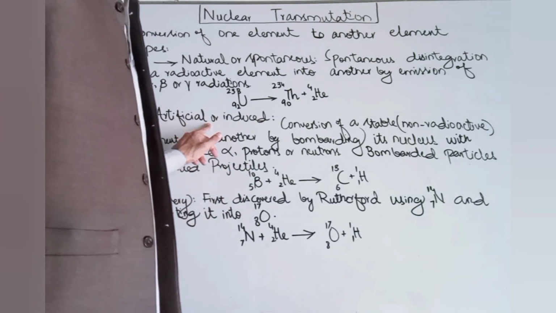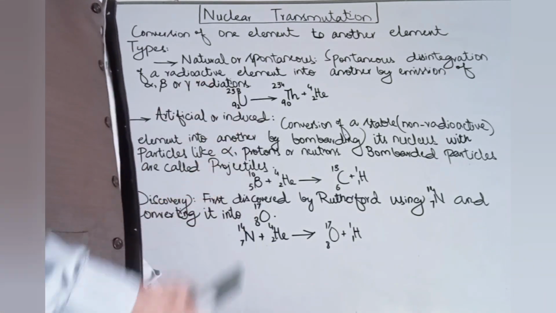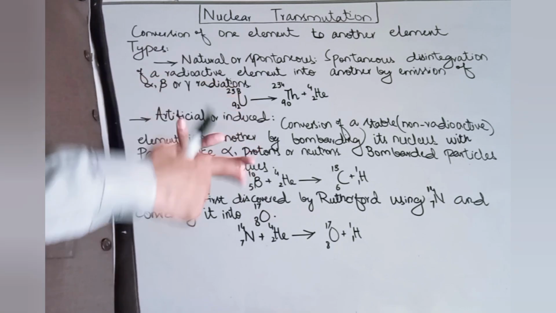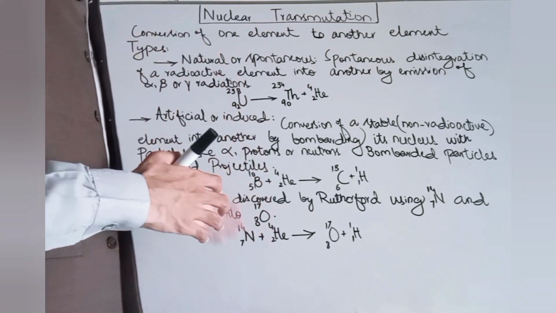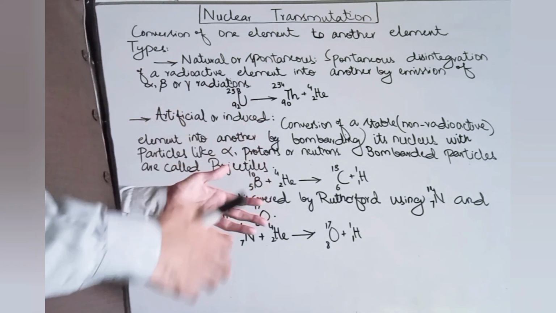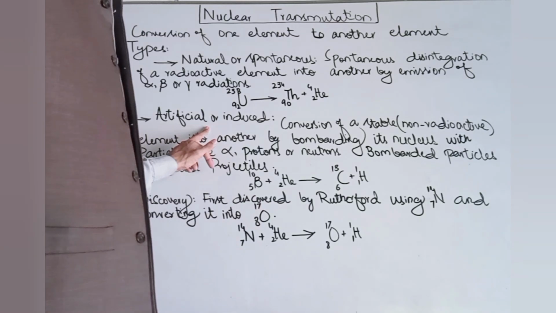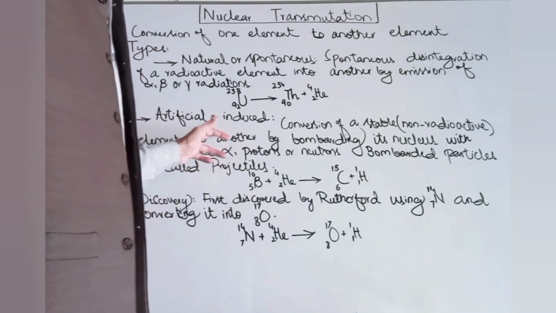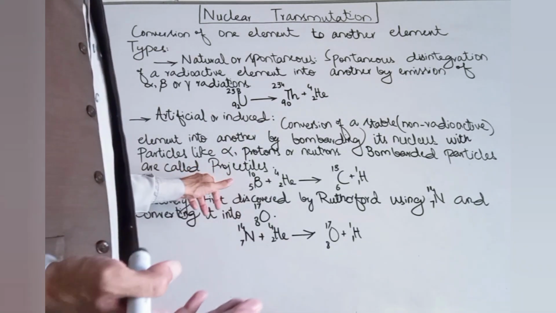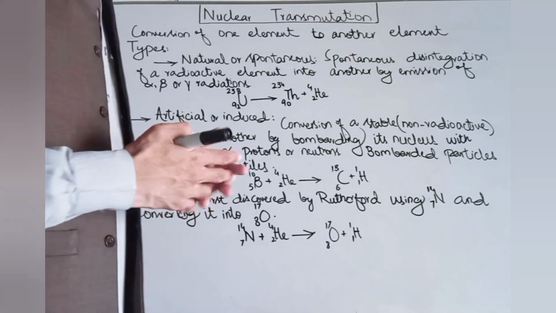First of all, the stable or non-radioactive nuclei are bombarded by particles like protons, neutrons or alpha particles, and this bombarding makes the nuclei unstable, and whenever they become unstable they become radioactive, and after being radioactive they start releasing some radiations or particles, and again they are converted into stable nuclei, because everything needs stability in this universe.